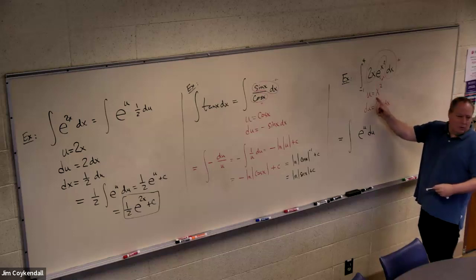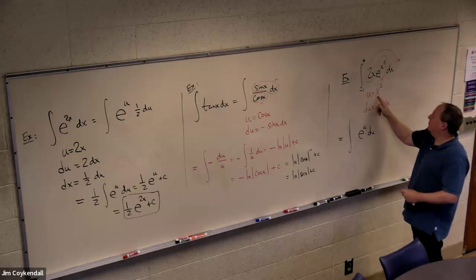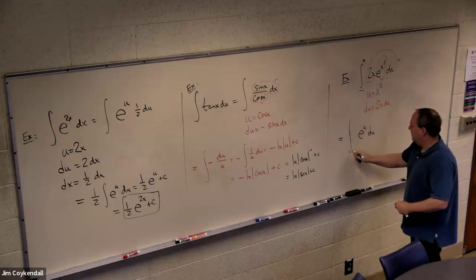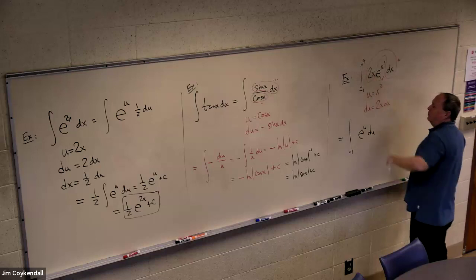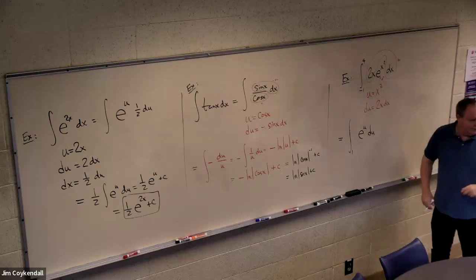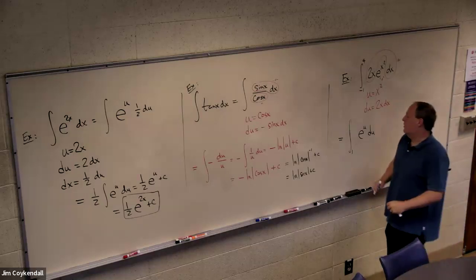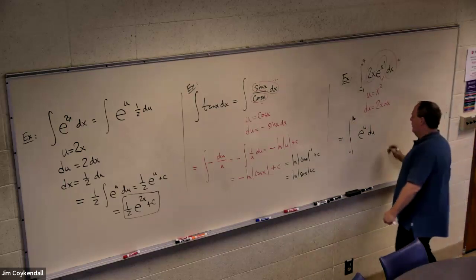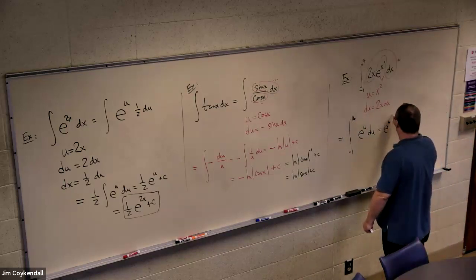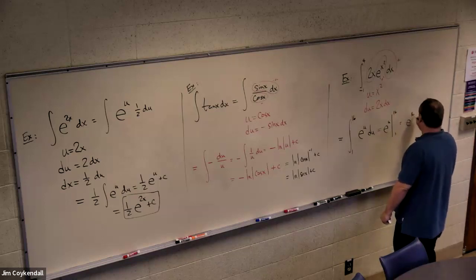So if x is minus 1, what is u? 1, right? In the old days, x is 4, so what does u become? 16. So this becomes e to the u evaluated from 1 to 16, so it's e to the 16 minus e.